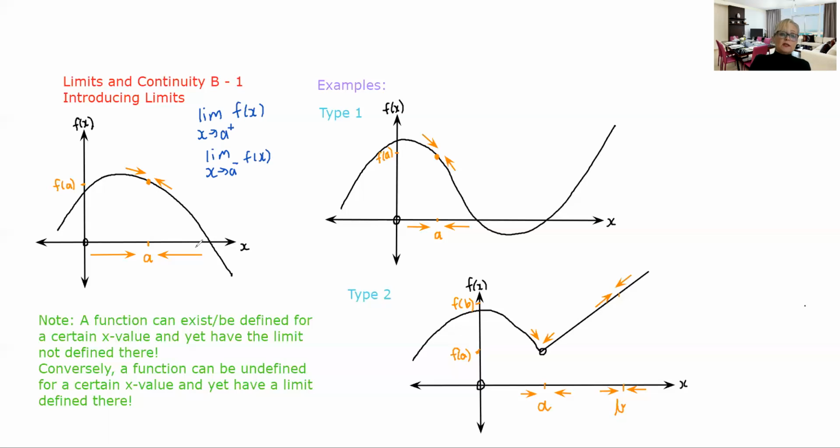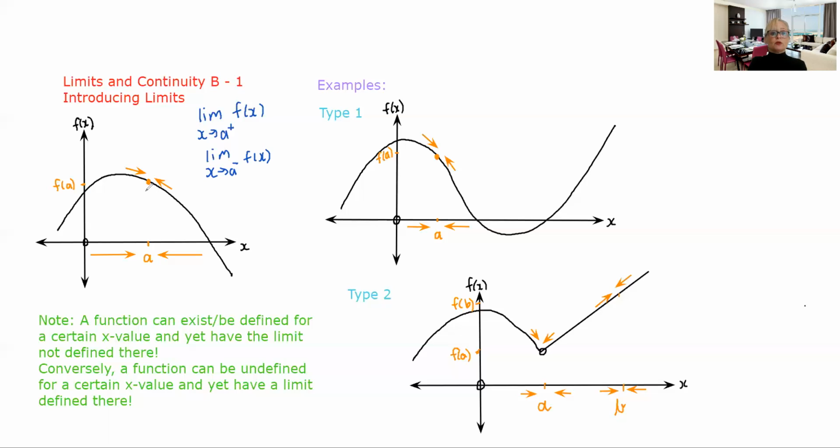And what you will notice is as your x value gets closer and closer to a, your y value, if you're coming in from the right, is going to get closer and closer to f of a. That's because this function is probably one of the easiest ones to work with. This function happens to be defined for x equals a and continuous at x equals a.